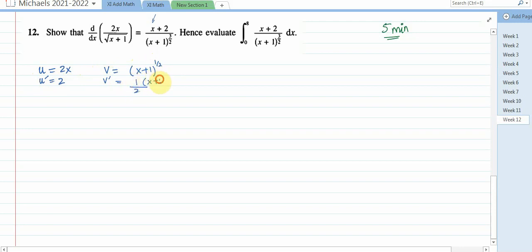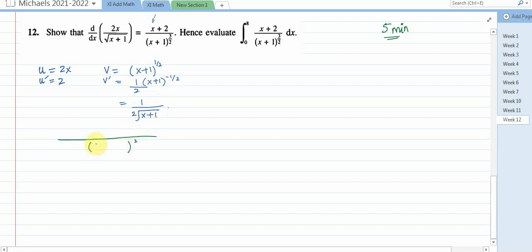Subtract 1 from the power, it's minus 1 upon 2. And if we write it in a more simplified form, it's 2 over (x plus 1) with the root sign. Alright, and after that we need to place the values in the working formula. In the denominator we have V square, and V is what?